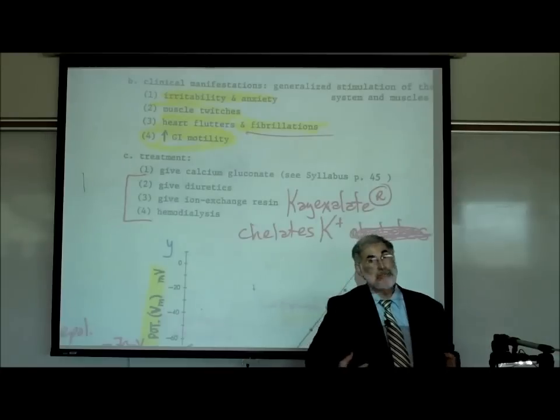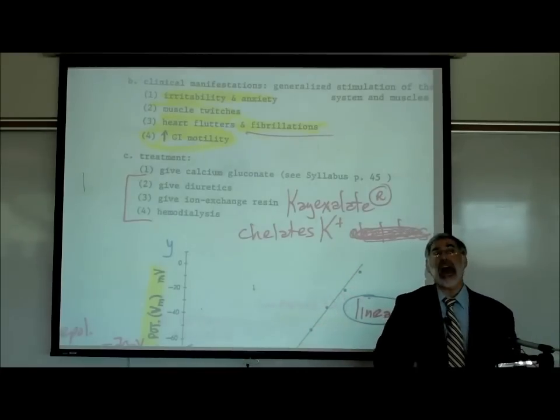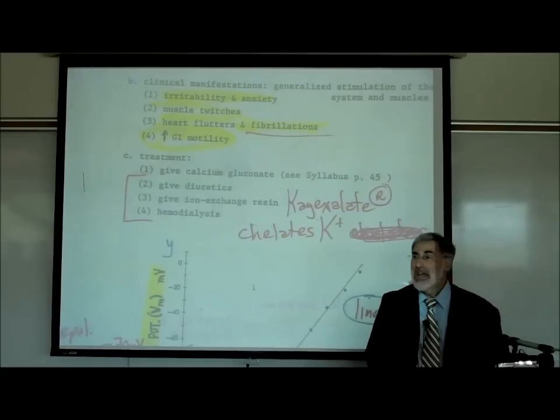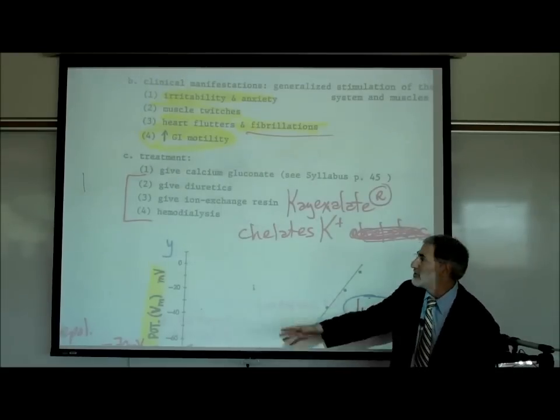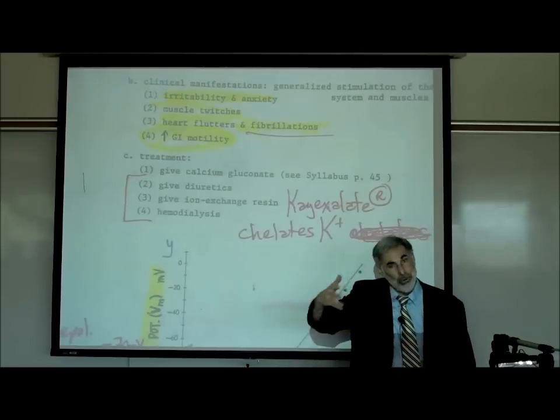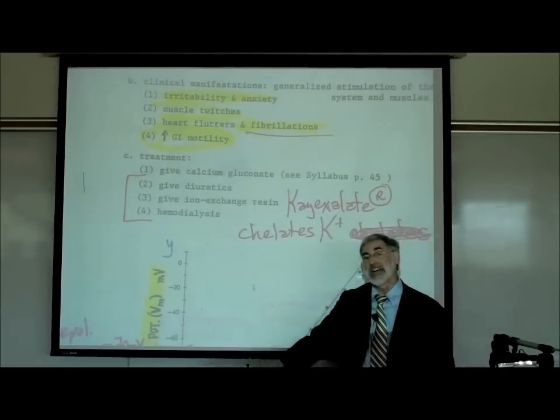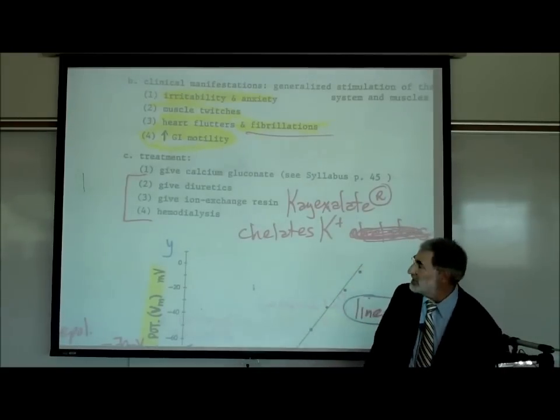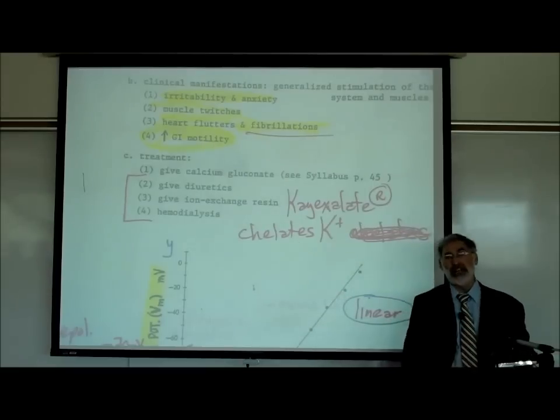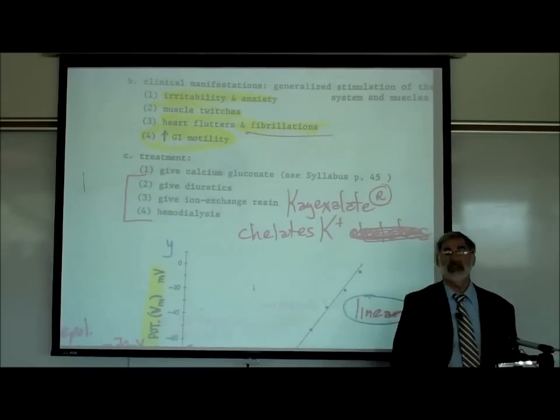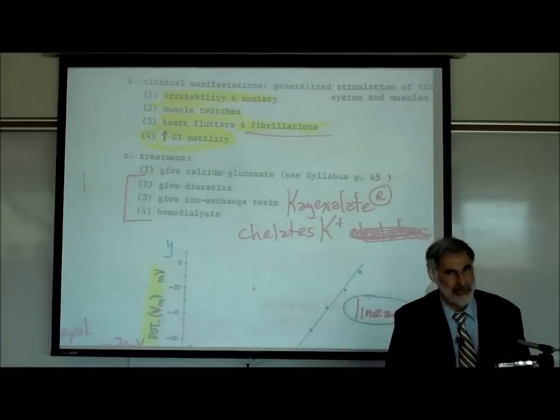It chelates, it binds, it attracts potassium specifically from the bloodstream into this jello. And you poop it out. Again, this is going to take hours to move through the digestive tract, but you expel in the feces, the stool, this jelly-like stuff, which has grabbed onto a bunch of excess potassium out of your bloodstream.